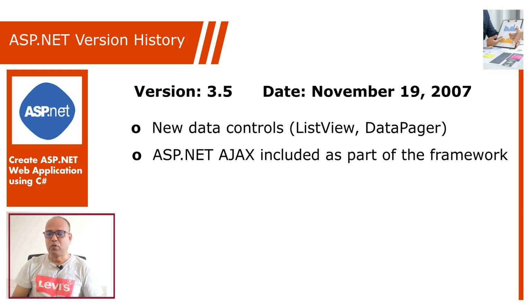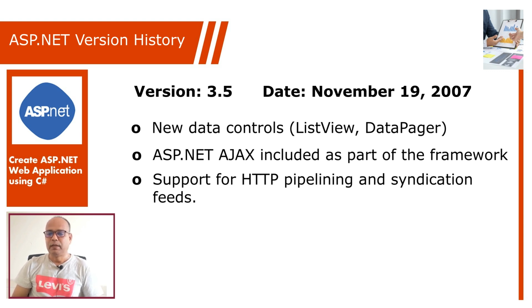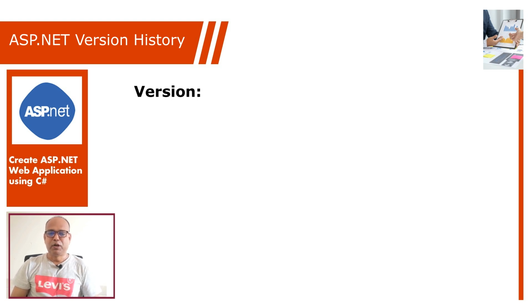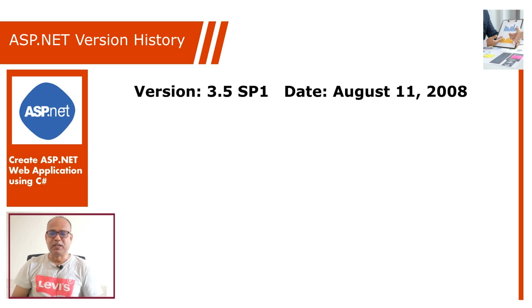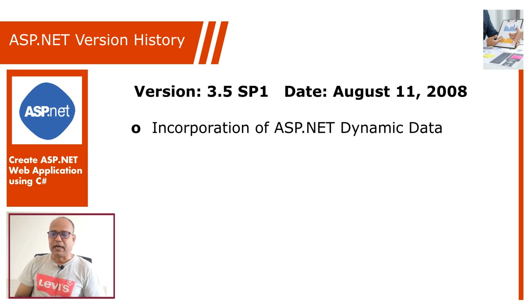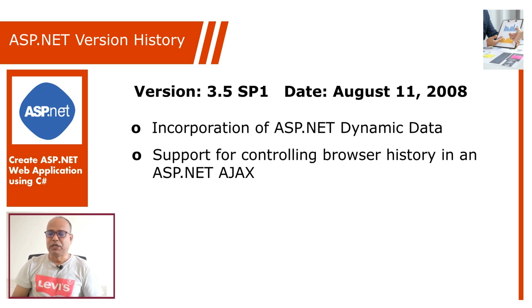ASP.NET Ajax is included as part of the framework with support for HTTP pipelining and syndication feeds. 3.5 Service Pack 1 is an update of 3.5, released on August 11, 2008, with incorporation of ASP.NET Dynamic Data and support for controlling browser history in an ASP.NET Ajax application.